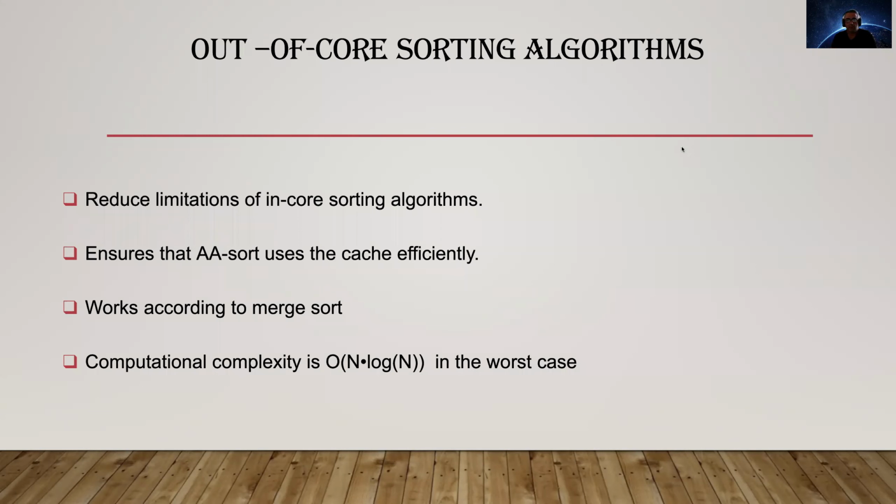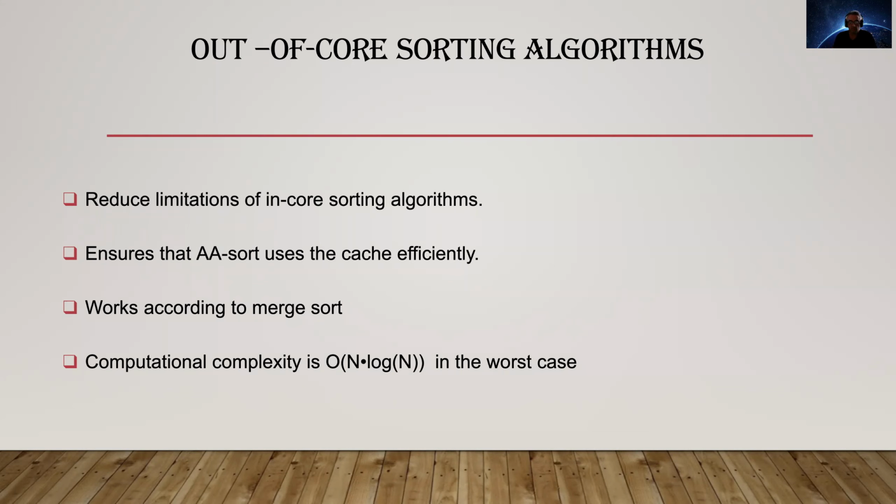Out-of-core sorting algorithm. This is a sorting algorithm that helps reduce the disadvantage found in the in-core sorting algorithm of the aligned access sort. It is the AA sort, an algorithm that makes the in-core aligned access sort use the cache memory efficiently.